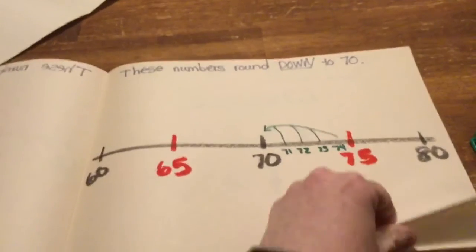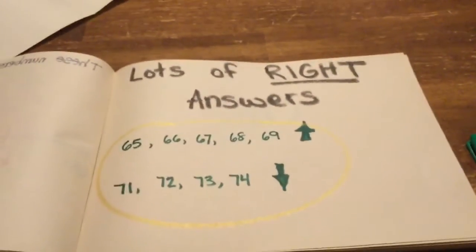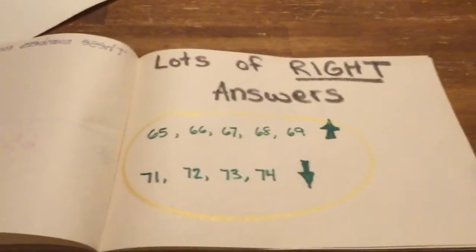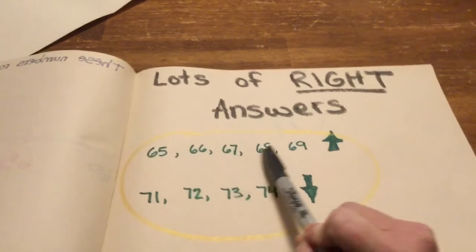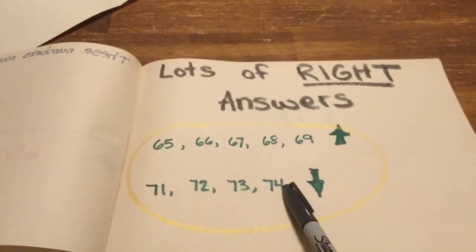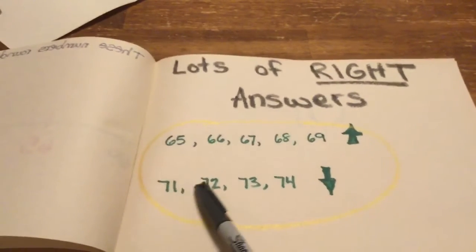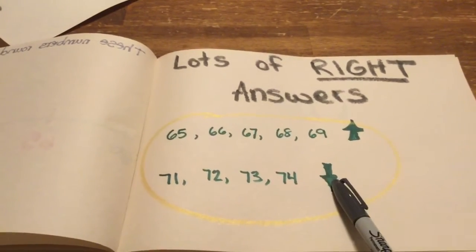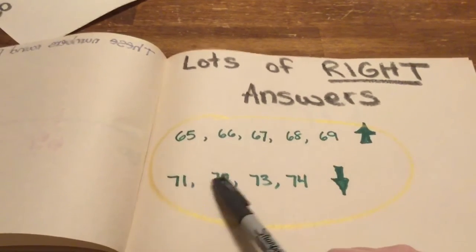So when I say, give me a number that rounds to, what you end up with is lots of right answers. If I say, give me a number that rounds to 70, any of these numbers would be correct. All of these numbers round up to 70. All of these numbers round down to 70. So each one of these numbers would be a correct answer.